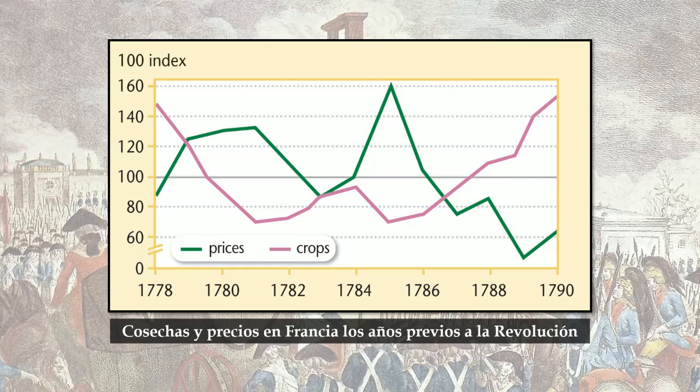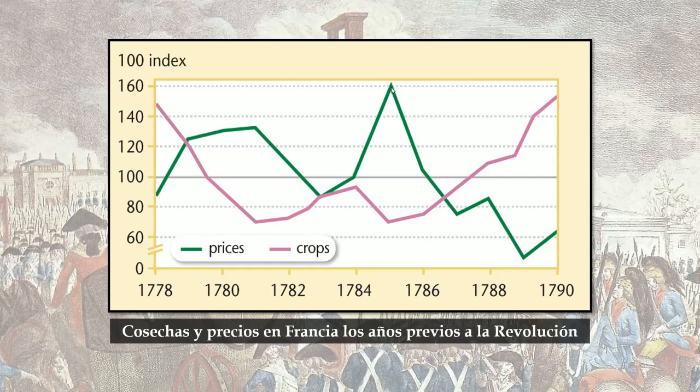Well, but the most important causes of the French Revolution, or at least the immediate causes, were economic causes. First, there was an economic crisis caused mostly by crops and prices in France in the decade before the revolution. As you can see here, and this is wrong because prices should be the pink line and crops should be the green line.